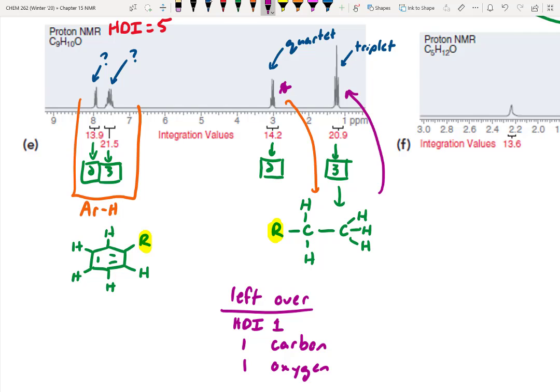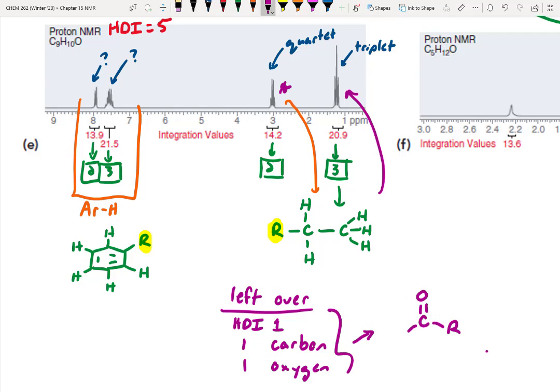We've got an HDI 1, meaning we have 1 ring or 1 pi bond left over, and we've got a carbon and oxygen. What seems reasonable here? So we could say this is a big clue that maybe we've got a CO bond in there, right? That makes sense. All right, and the CO bond would have to have 2 attachment points. Whoop, oh my goodness, my pen.